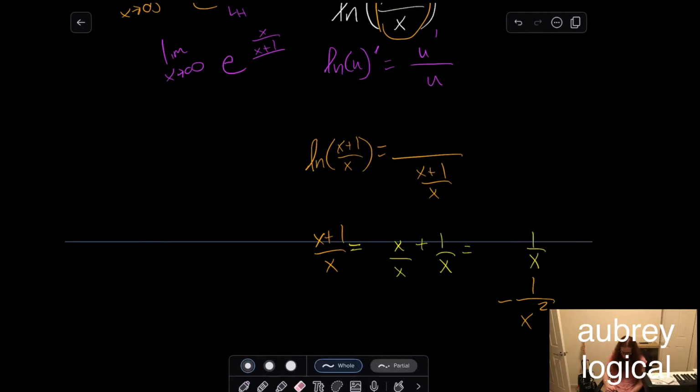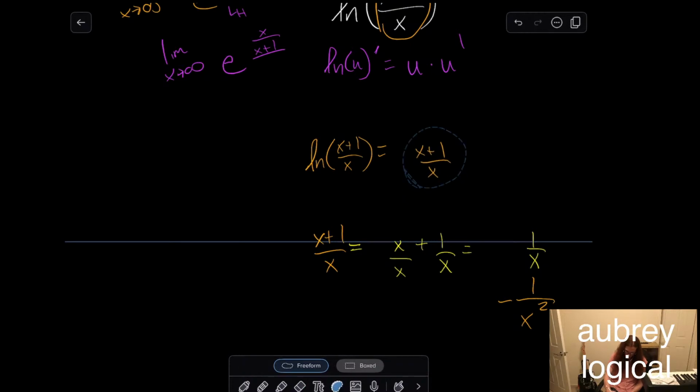Oh, no, no, no. I did this wrong. That's the antiderivative. Gosh. So confusing. Okay. Let me do u times u prime. Negative 1 over x squared.